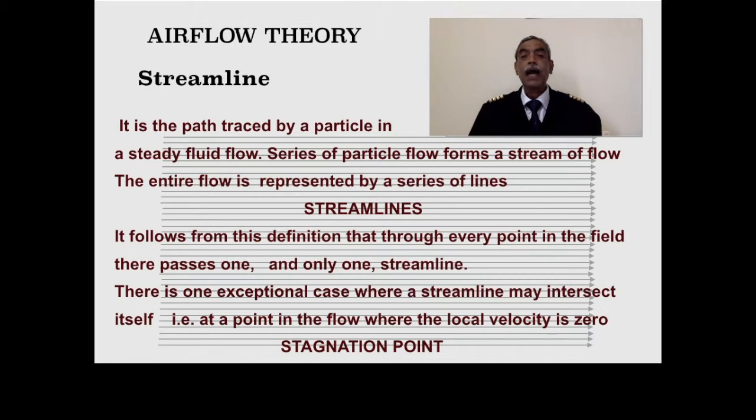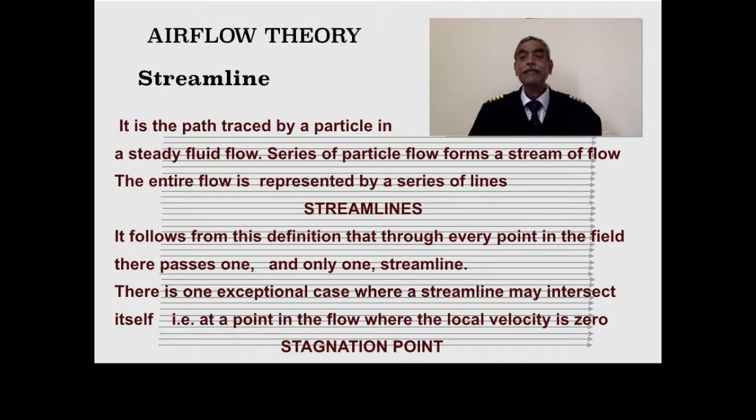It is the path traced by a particle in a steady fluid flow. A series of particles forms a stream of flow. The entire flow is represented by a series of lines called streamlines. It follows from this definition that through every point in the field there passes one and only one streamline.